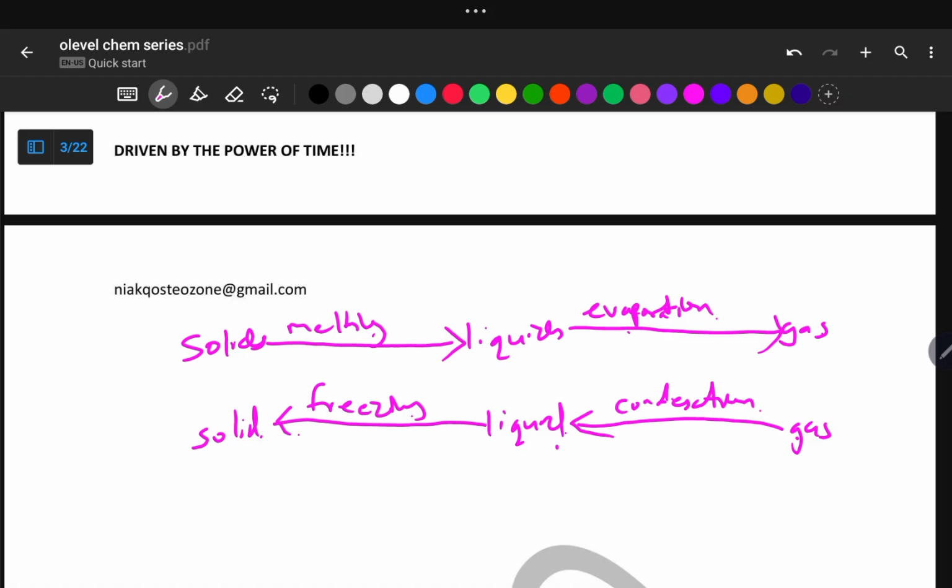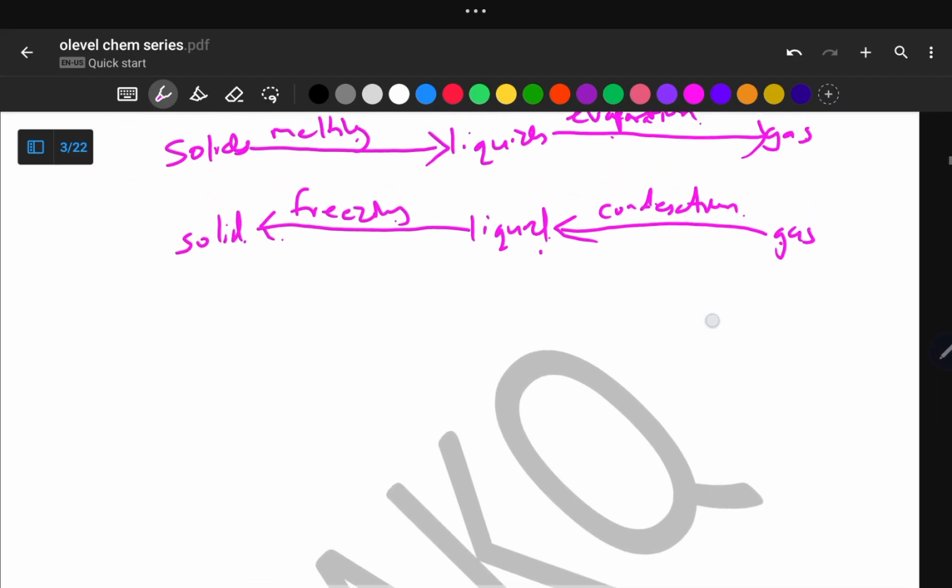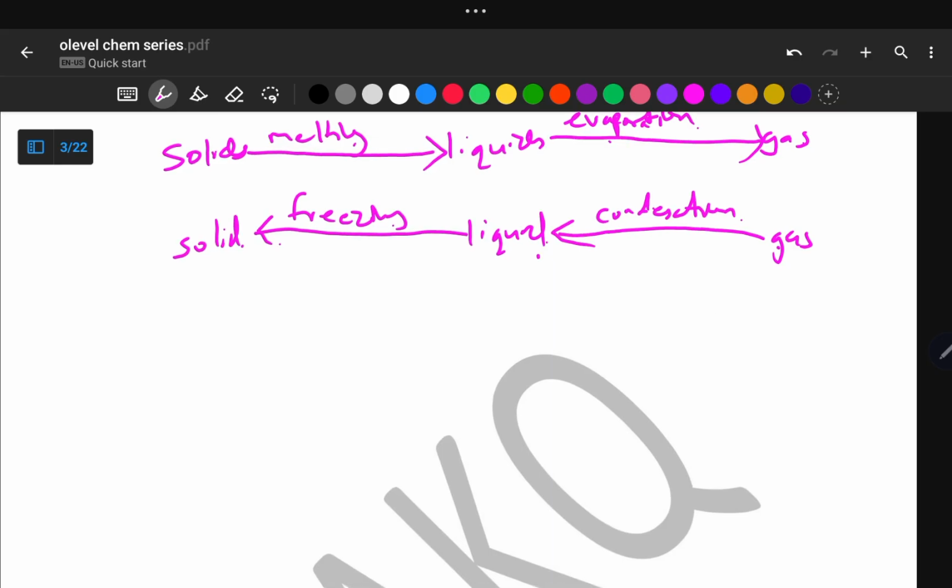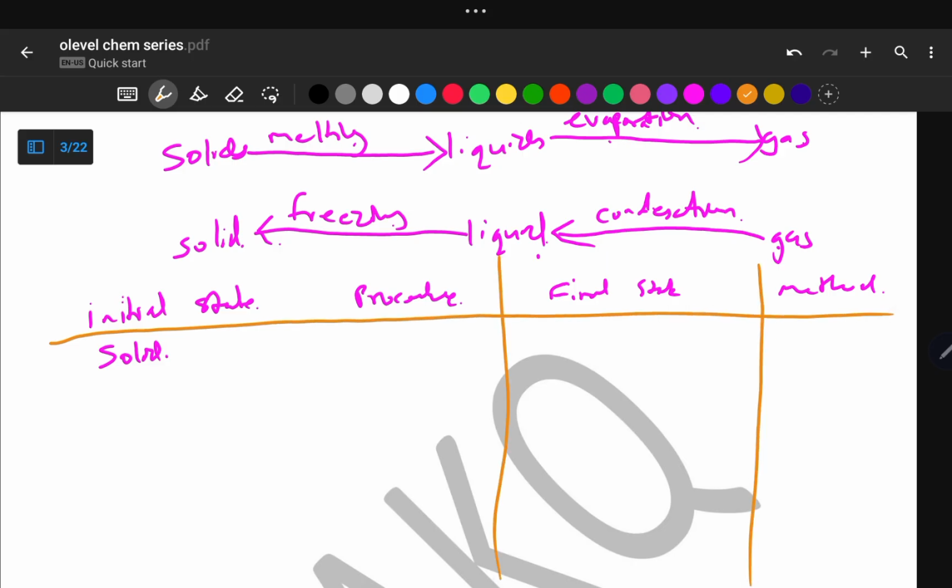Now let me draw this in a table format so that you can understand. We are going to have the initial state, the procedure, the final state, and lastly the method, right? So we are going to have solid as the initial state, and the final state being liquid.